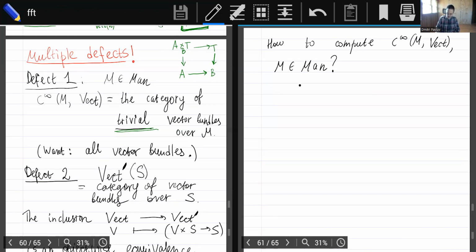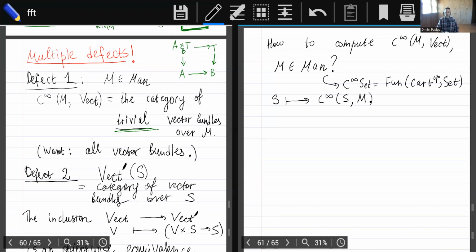Here we implicitly embed smooth manifolds into smooth sets, which are contravariant functors from Cartesian spaces to sets. Under this embedding, M corresponds to the functor that sends S, a Cartesian space, to the set of smooth maps from S to M. That's how a smooth manifold is turned into a smooth set.